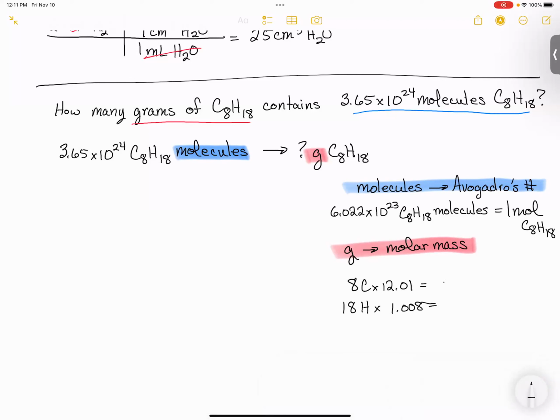The carbon contributes 96.08 to the overall mass, and the hydrogens contribute 18.144 to the overall mass, to give a mass of 114.224.